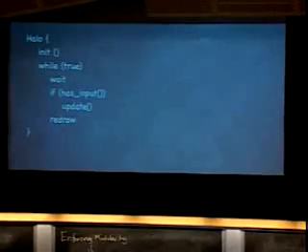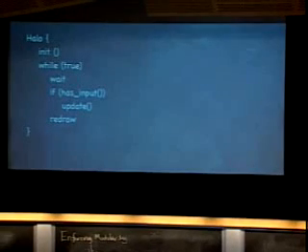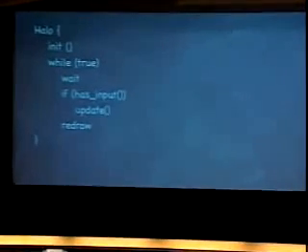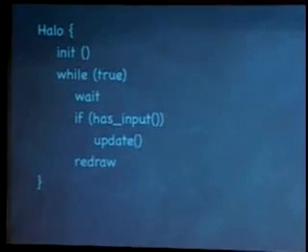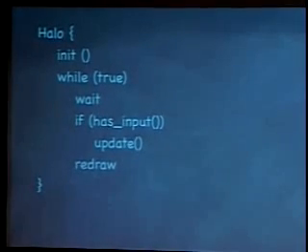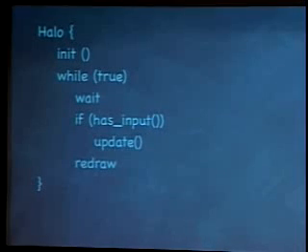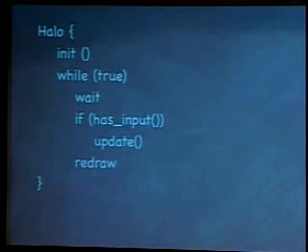Halo is going to consist of some set of threads that are responsible for running this game. So we might have one main thread, which, when it runs, simply repeats in a loop over and over again: wait for a little while, check to see if there's any user input, if there is any user input, update the state of the game, and then redraw the display.